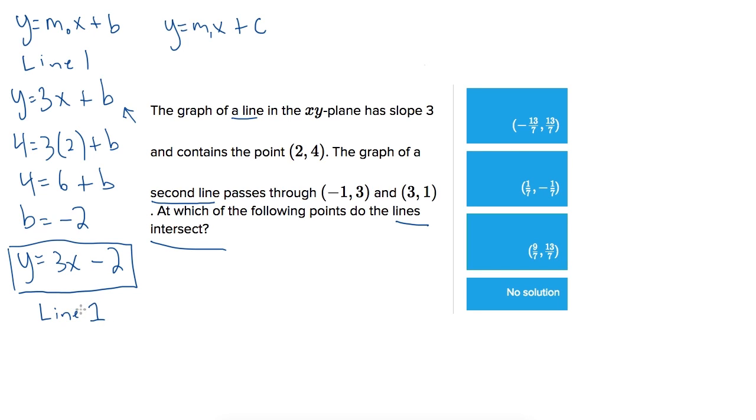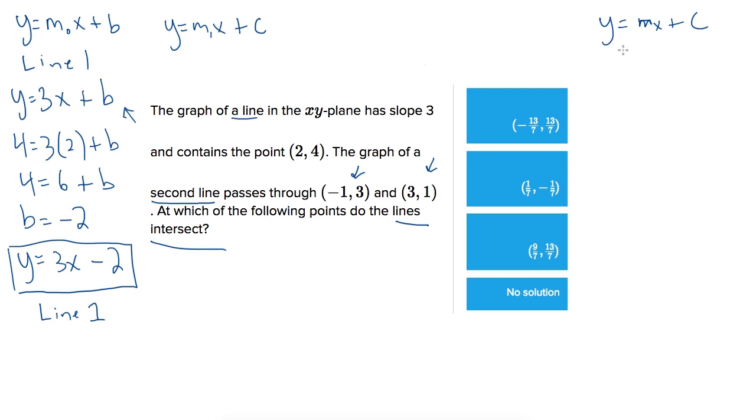Okay? Now we're going to solve for our second line. So we're going to have y equals mx plus c, but we don't actually have any of these values yet. What we do have are 2 points that the line goes through, (-1, 3) and (3, 1).